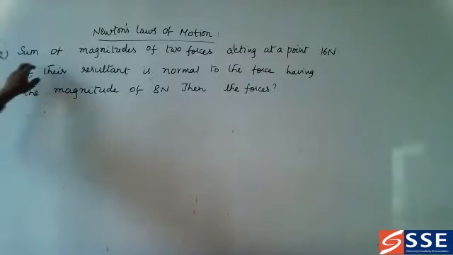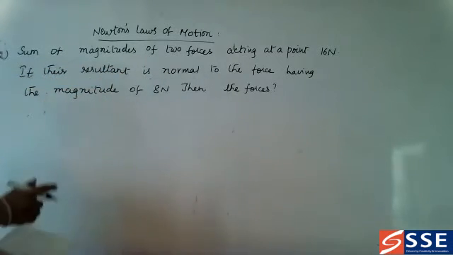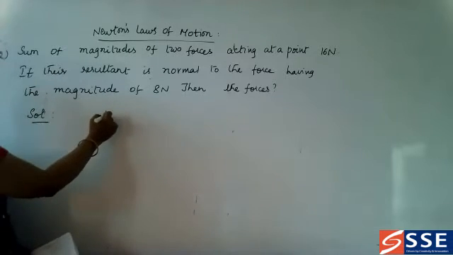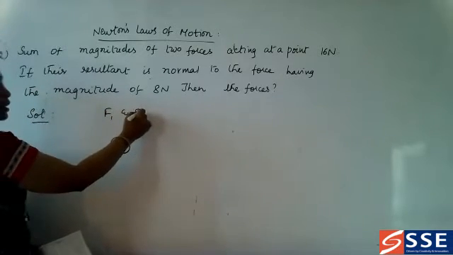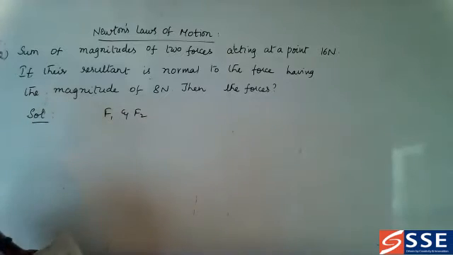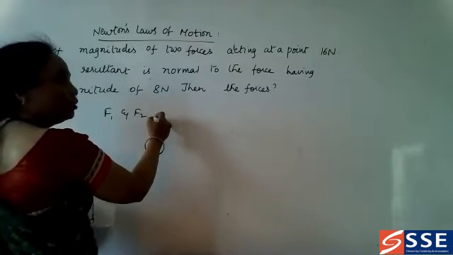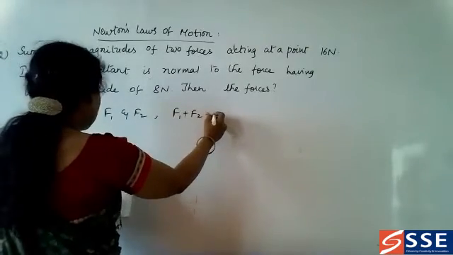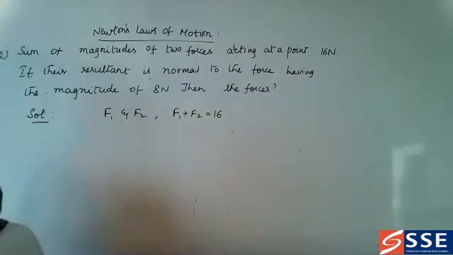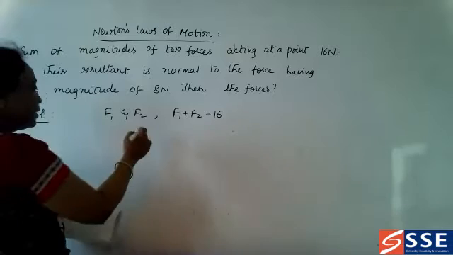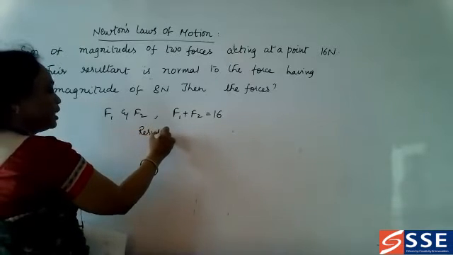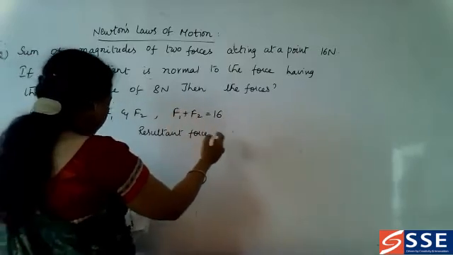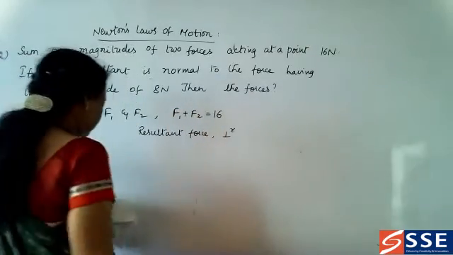For this, suppose you are taking F1 and F2 as the two forces. Solution: the sum of the two forces we can take as F1 plus F2 is equal to 16. The resultant force is perpendicular to this one.